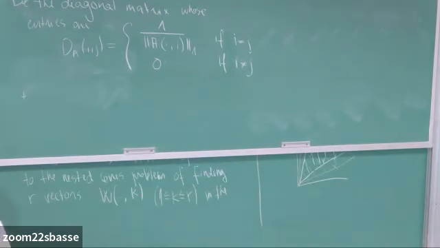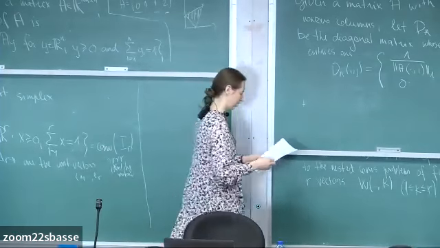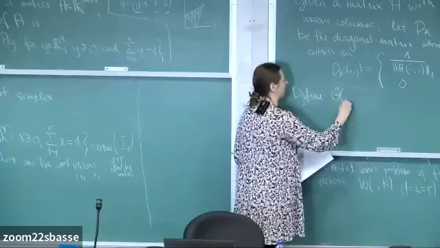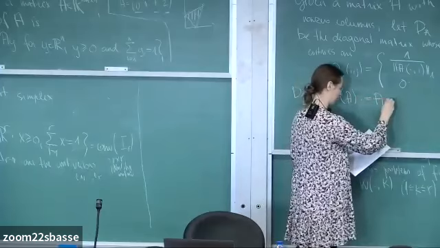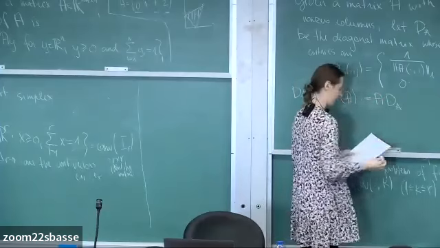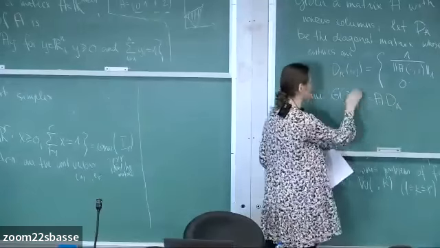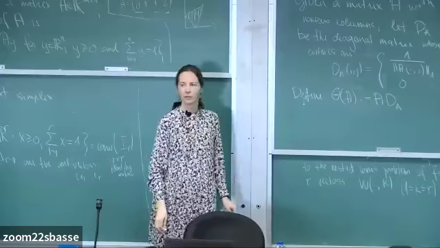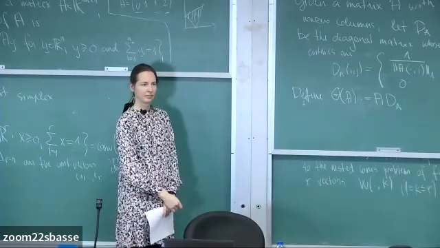And what we will do is multiply our matrix A with this diagonal matrix D_A. So define theta_A to be A times D_A. And can anyone tell me what property this matrix theta_A has?